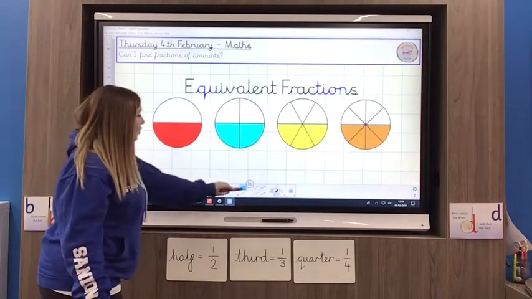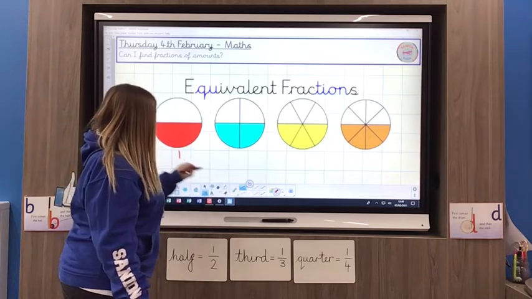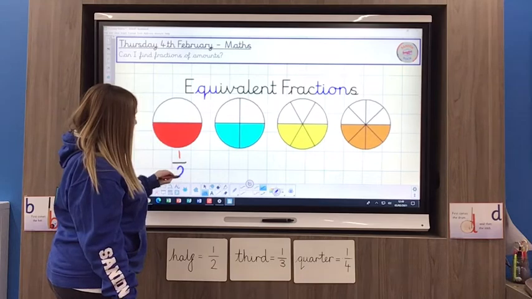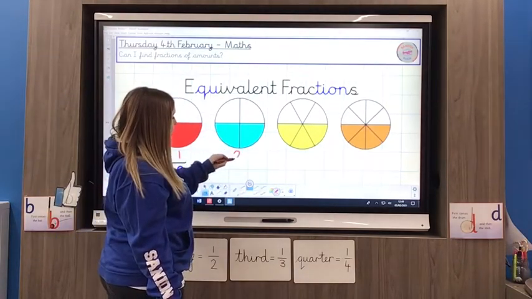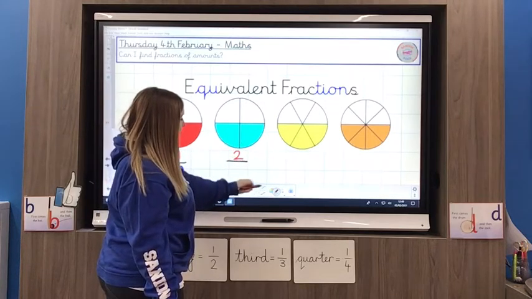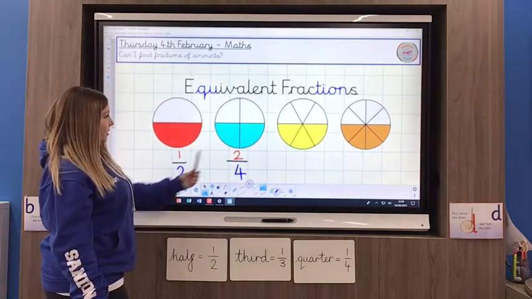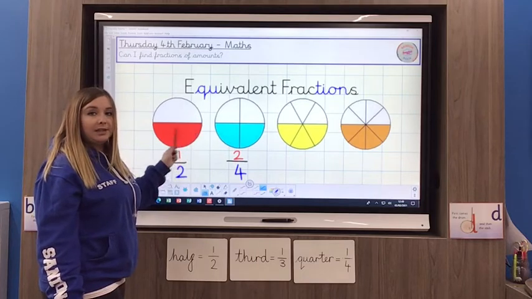But this fraction, so we've got 1 coloured, and there are 2 all together, so that would be a half. The next one, we've got 2 coloured in, 1, 2, and there are 4 all together. But there's the same amount if we look at the pictures. Okay, so it's equivalent.